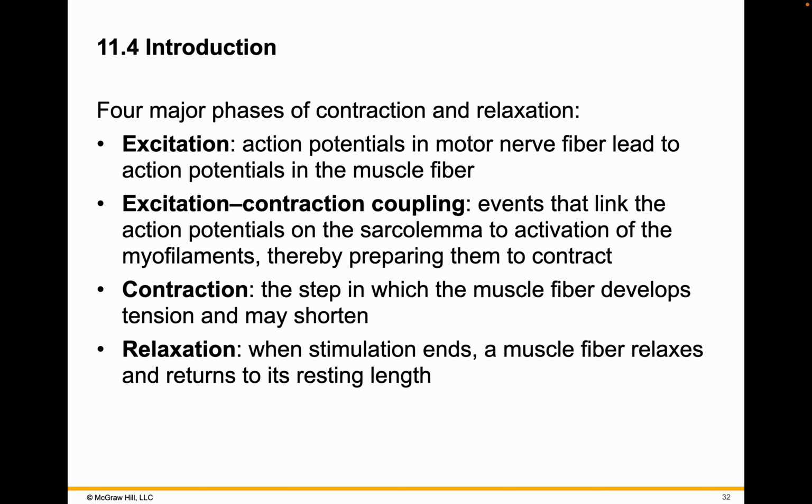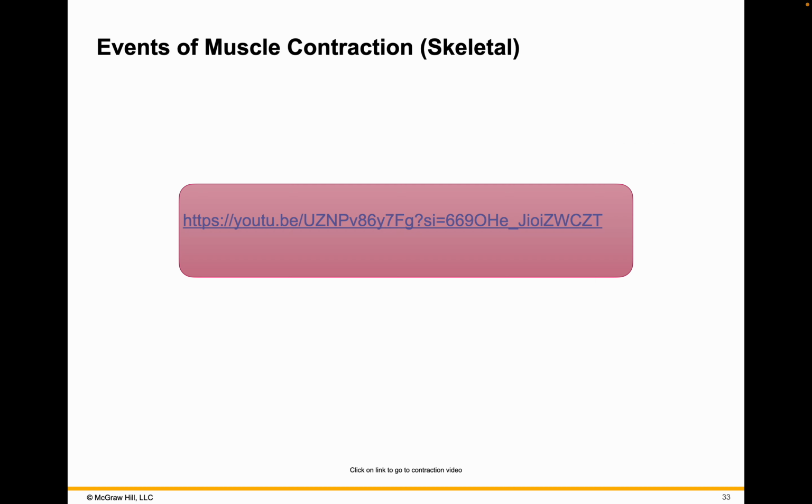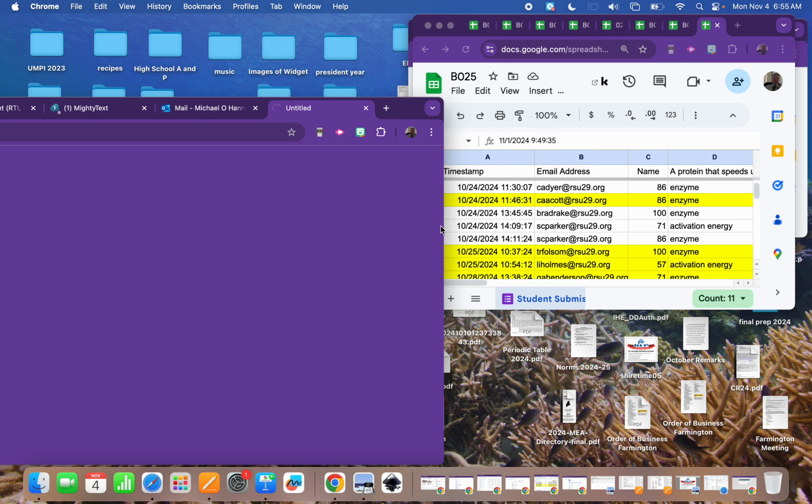Contraction comprises the steps in which the muscle fiber develops tension and may shorten. And in relaxation, when stimulation ends, a muscle fiber relaxes and returns to its resting length. And I'm going to show you a brief video explaining that better than I can. I hope.